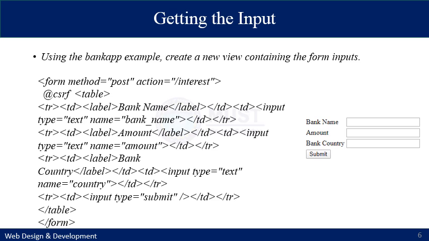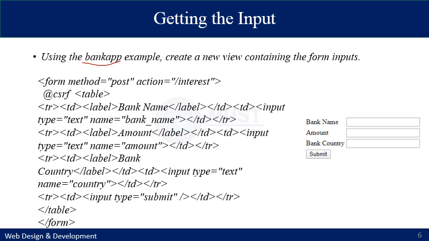So here is an example of getting the input from the user. If you use the last example we created in the last few lectures regarding the bank app, the additional thing you have to do is create a new view containing the form inputs.